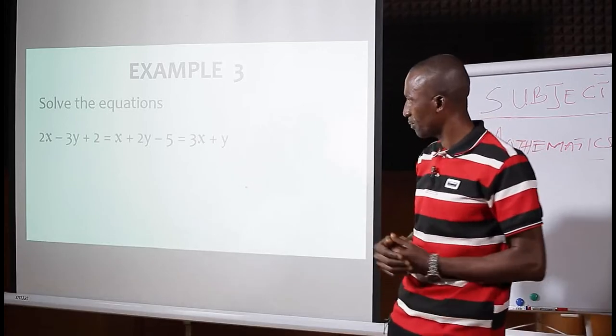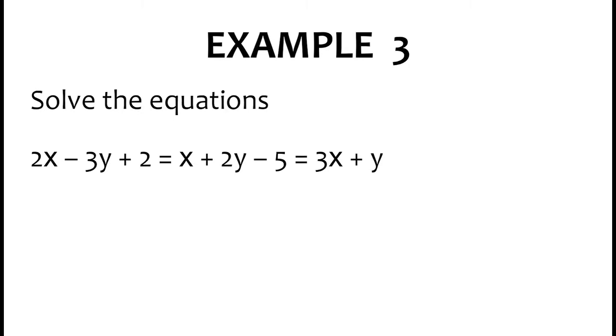The equations are: solve the equations 2x minus 3y plus 2 equals x plus 2y minus 5 equals 3x plus y.